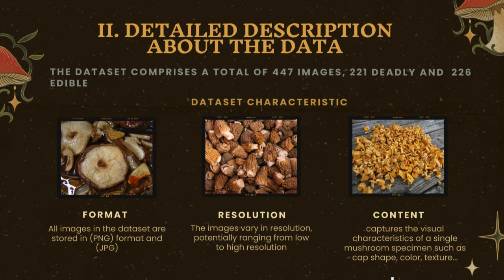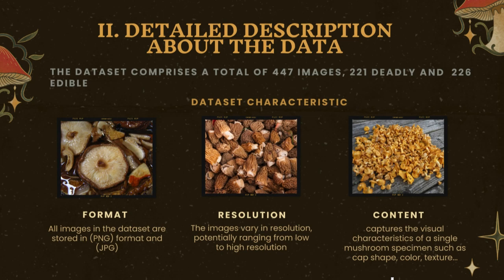This is to capture the diverse appearance of mushrooms, and the resolution is varied and focuses on the characteristics of the mushroom, which are the shape, the color, and also the texture. These are the key features for identifying the cap of the mushroom.